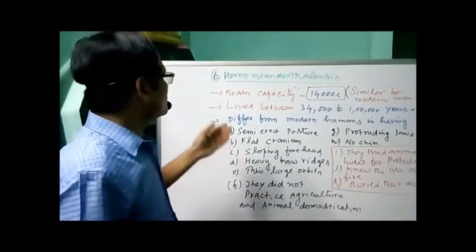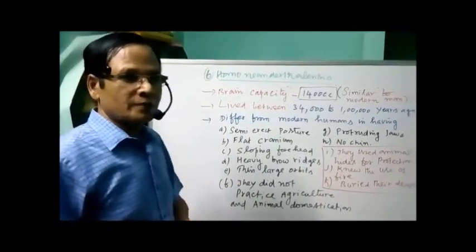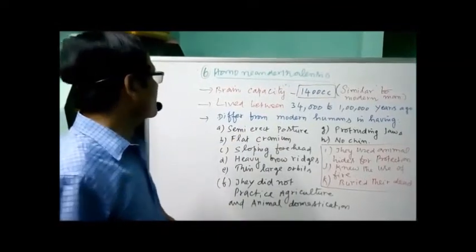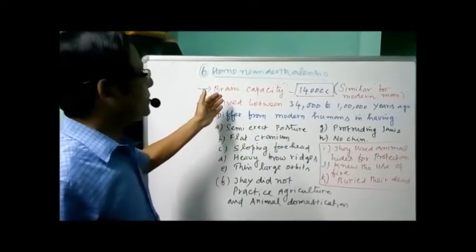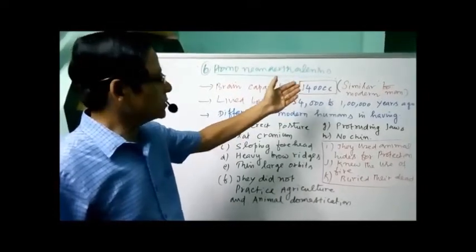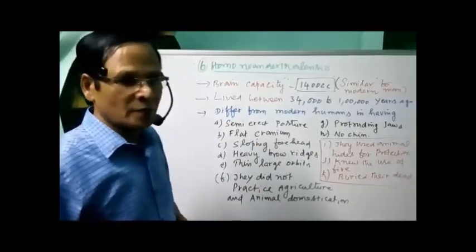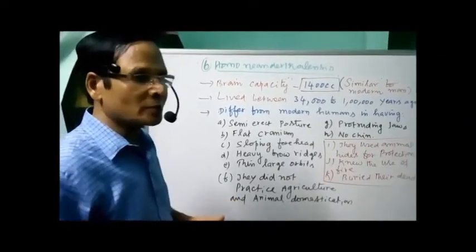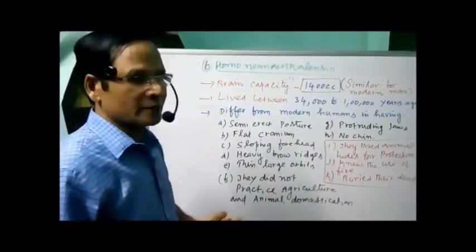Now let us continue with Neanderthal man. I mentioned where the fossils were recovered. They had a brain capacity of 1400 cc, and that is a question, similar to modern man. So the fossil man whose brain capacity is similar to modern man is Neanderthal man.